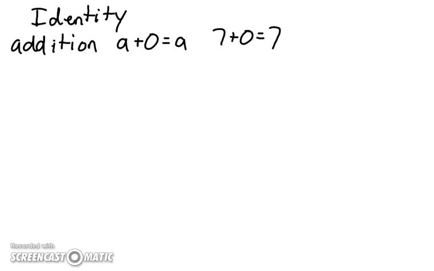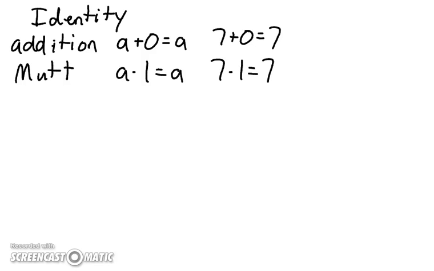That's the idea behind the identity property, that it's not going to change what you originally had. So for multiplication, what's not going to change is if you multiply it by 1. So A times 1 equals A. For example, 7 times 1 equals 7.